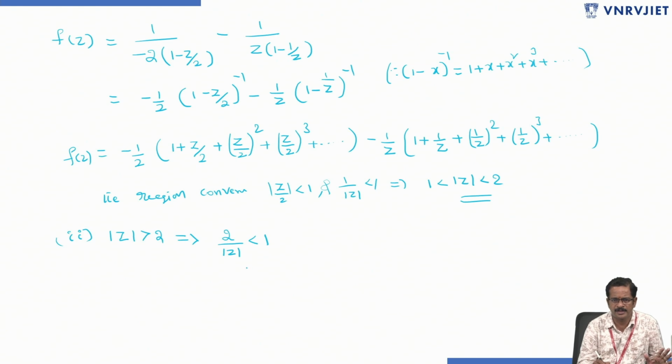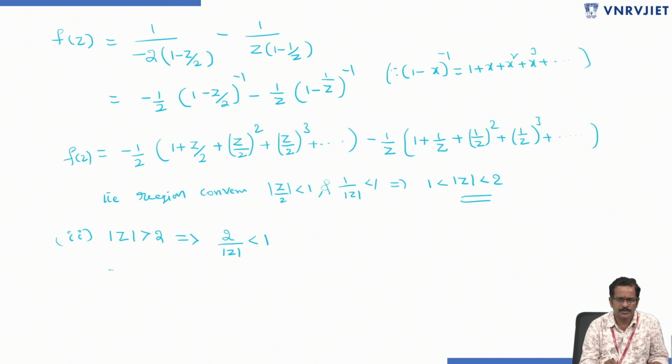Something should be less than 1, in such a way you need to write the terms, because the region of convergence should be less than 1. Like that you create and try to evaluate and write those expansions. So mod z greater than 2 is nothing but 2 by mod z less than 1 in the nature of the series. So here I take f of z in terms of 2 by z.